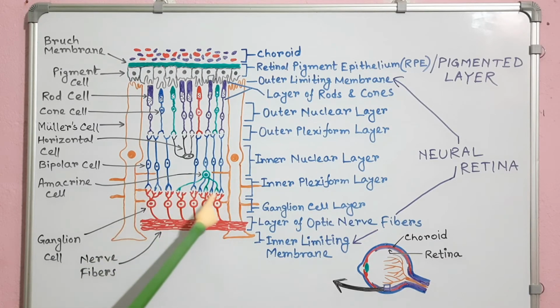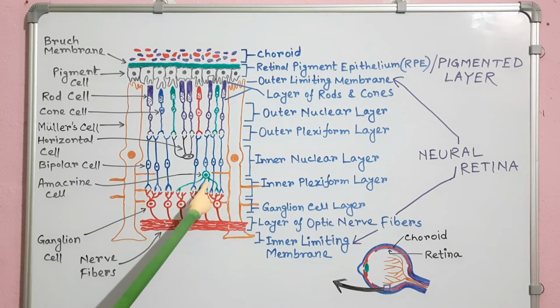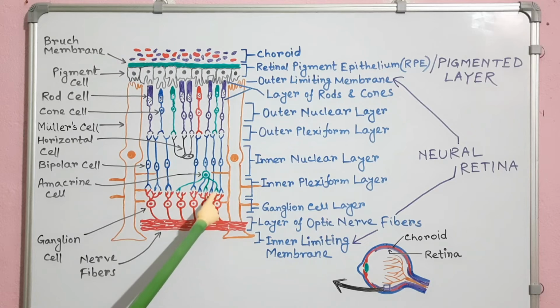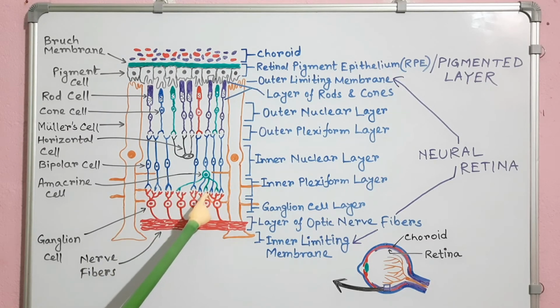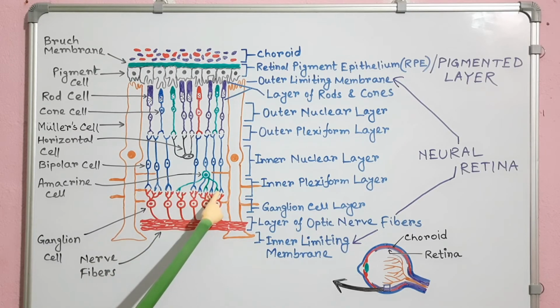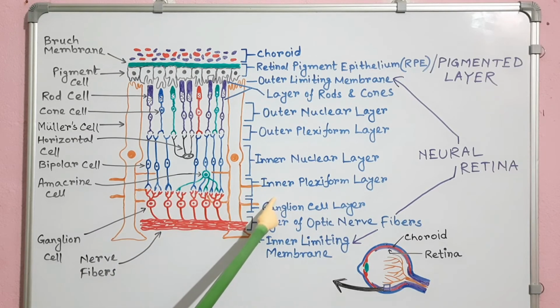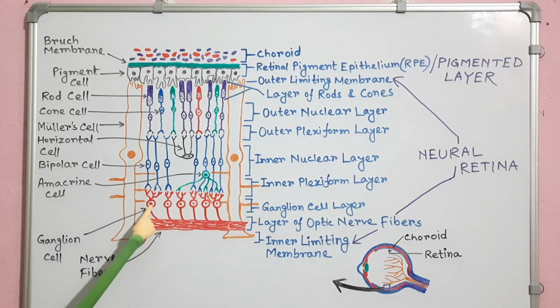Now see this zone. Here, the processes of bipolar, amacrine and ganglion cells are present and also synapses occur between them. This layer is known as inner plexiform layer. These are ganglion cells.